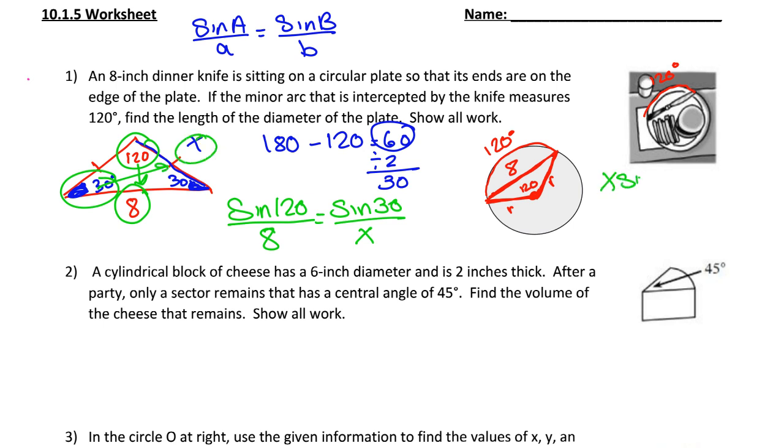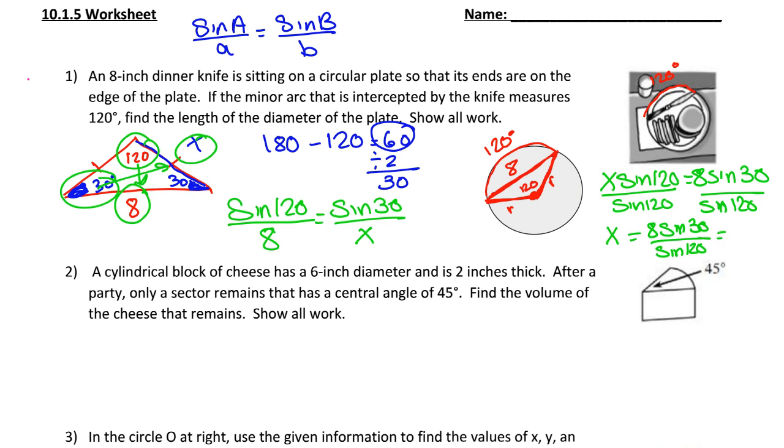So X times sine of 120 equals 8 times sine of 30, dividing by sine of 120 on both sides. So X is equal to 8 times sine of 30 over sine of 120, and that will give me approximately 4.618.